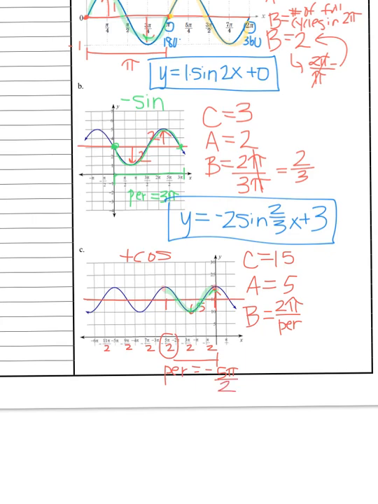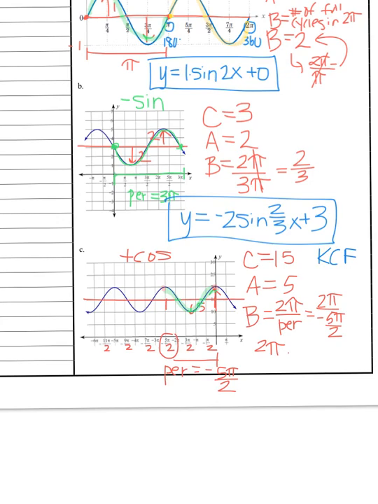So when I plug that in over here, I get 2 pi divided by negative 5 pi over 2. Now we're going to use an old method that you guys haven't seen in a while probably, but it's keep, change, flip when you divide with fractions. So when I rewrite this down here, I'm going to have 2 pi, keep that the same, times its reciprocal.